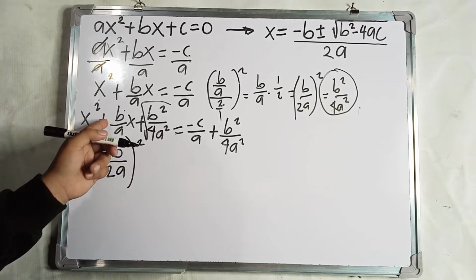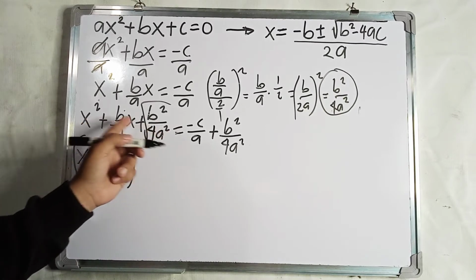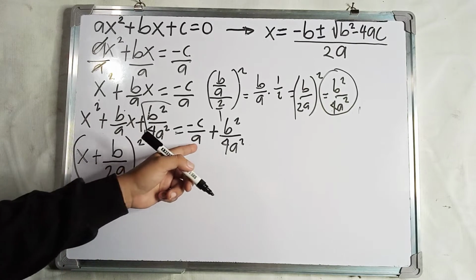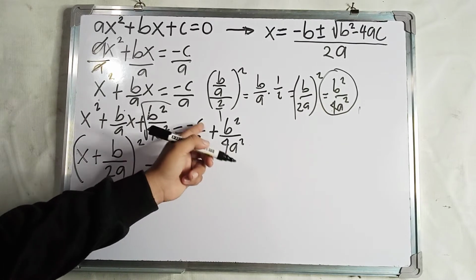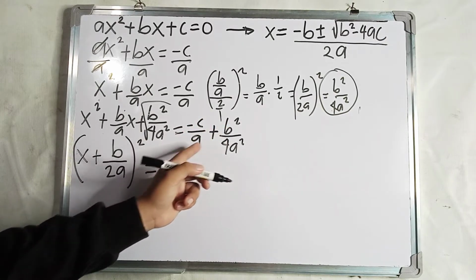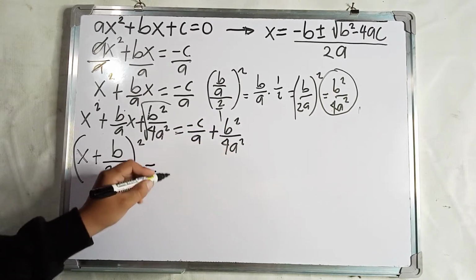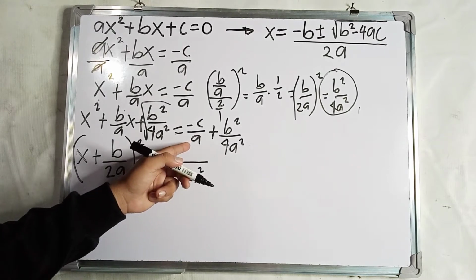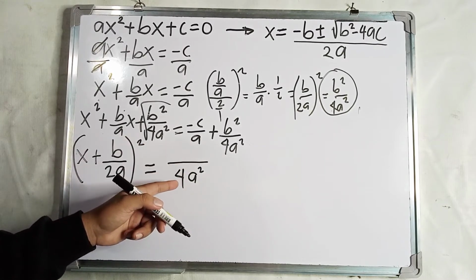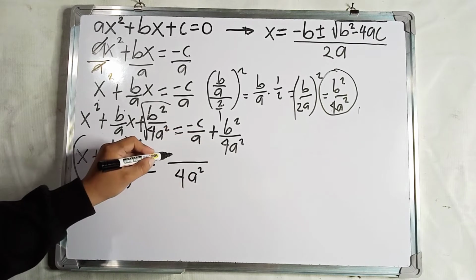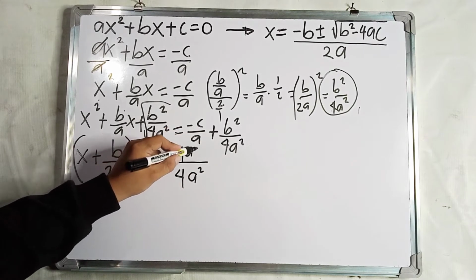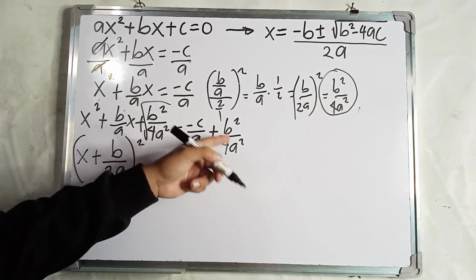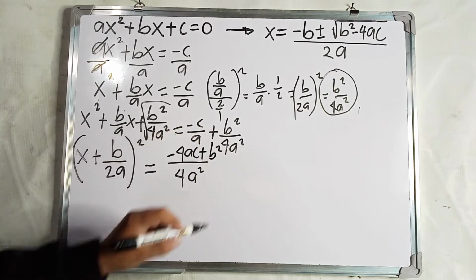So this is the factor of this expression. Then we are going to simplify these two terms on the right side. What is the LCD? The LCD here is 4a squared. So 4a squared divided by a is 4a, times negative c, this will become negative 4ac, plus 4a squared divided by 4a squared is 1, times b squared is b squared.